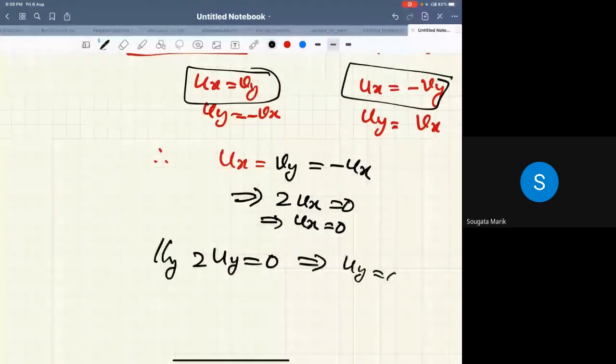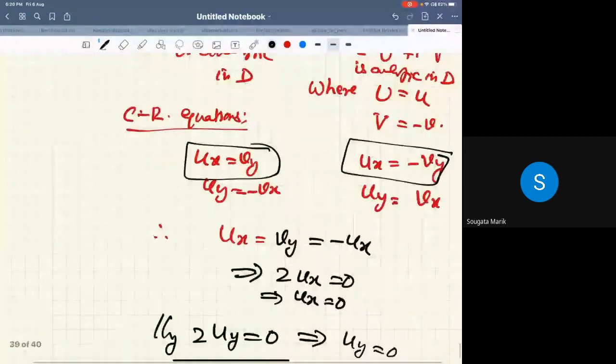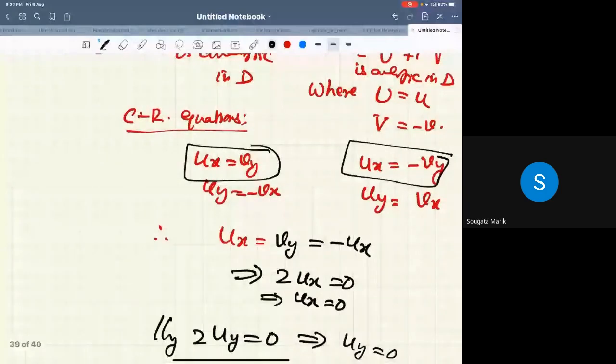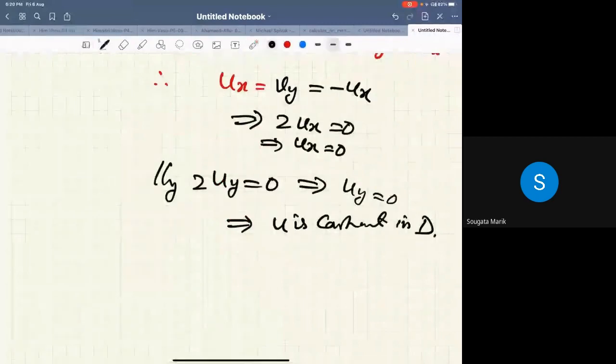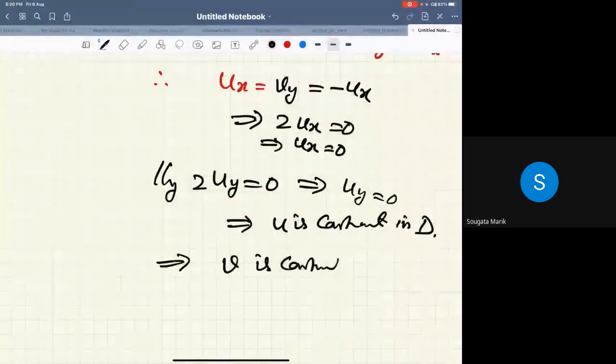This implies uy equals 0 in the domain D. So this implies your u is constant in D. So once u is constant, your vx equals 0 and vy equals 0 because u is constant. So this implies your v is constant. This implies your f is constant.